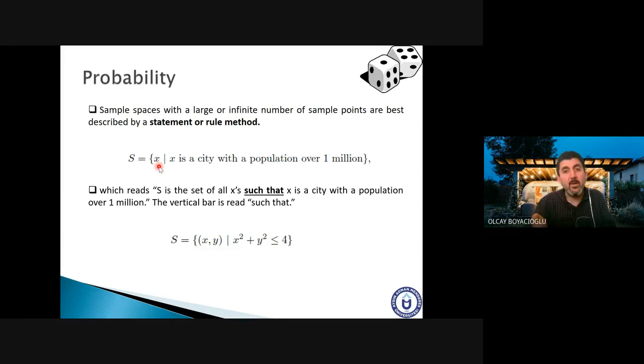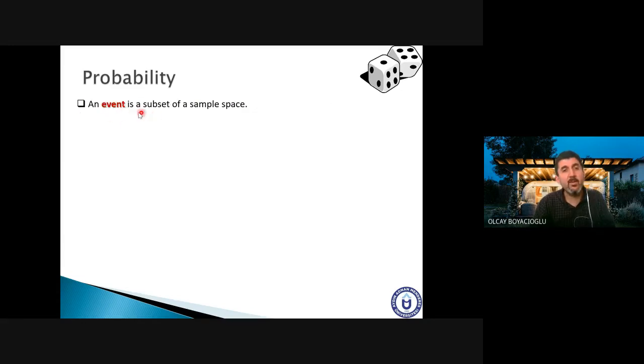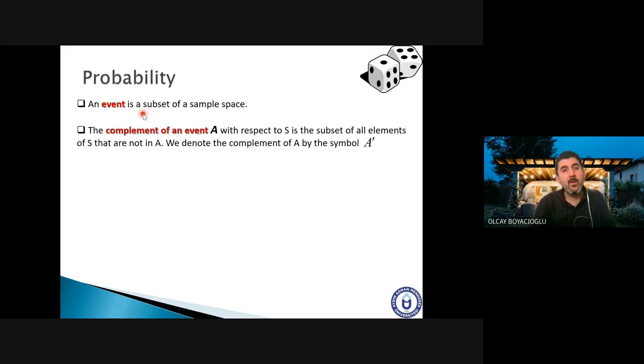Because Izmir is a big city with a population over 1 million. However, Aydin would not be an event because Aydin's population is not over 1 million, all right? This is called an event and a member of the sample space, okay?